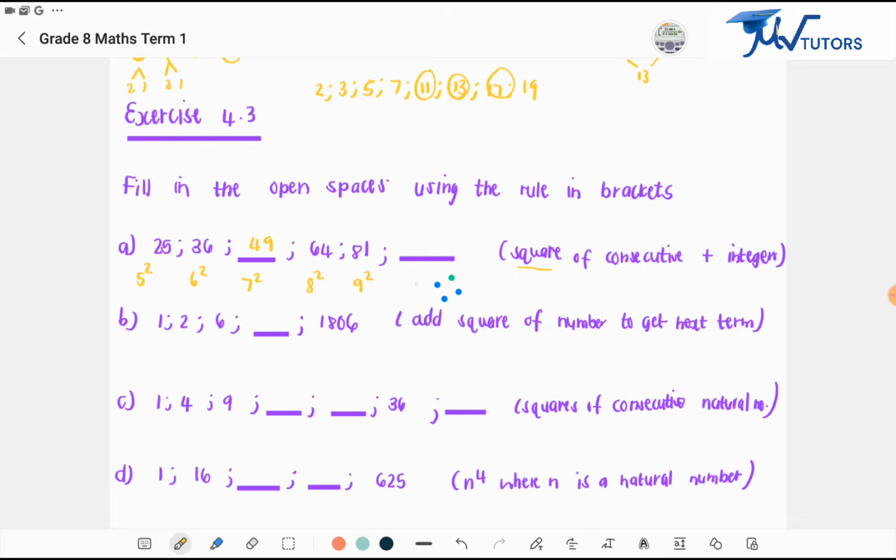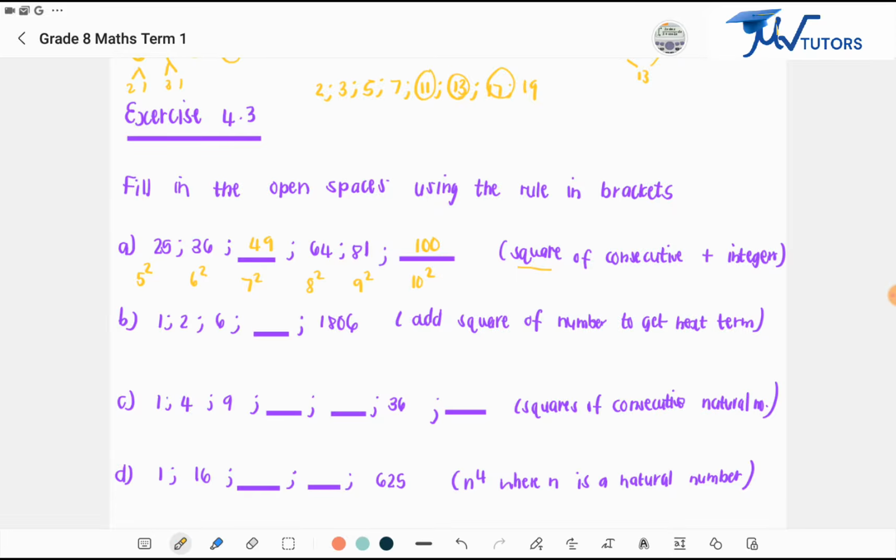This one has to be 10 squared, right? And so 10 squared would be 100. So what was the rule? You basically take the square of the consecutive numbers of the positive integers. All right, these are positive integers, by the way.